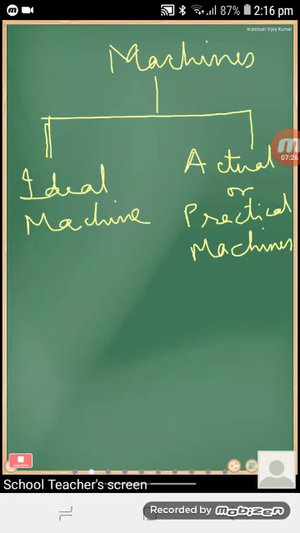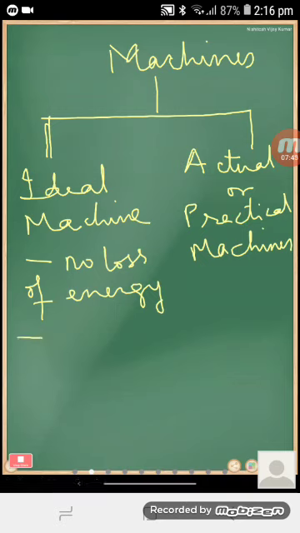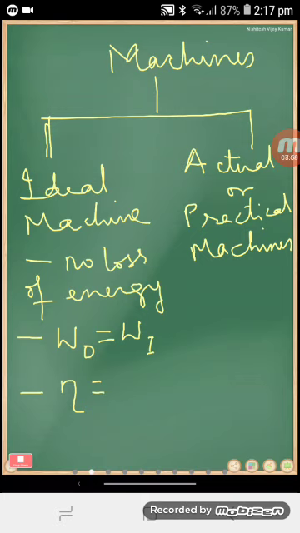Okay, ideal machine is a machine where we find there is no loss of energy. As there is no loss of energy, so what will happen? Work output will be equal to work input, and since work output is equal to work input, the efficiency will be equal to 1 or 100%.